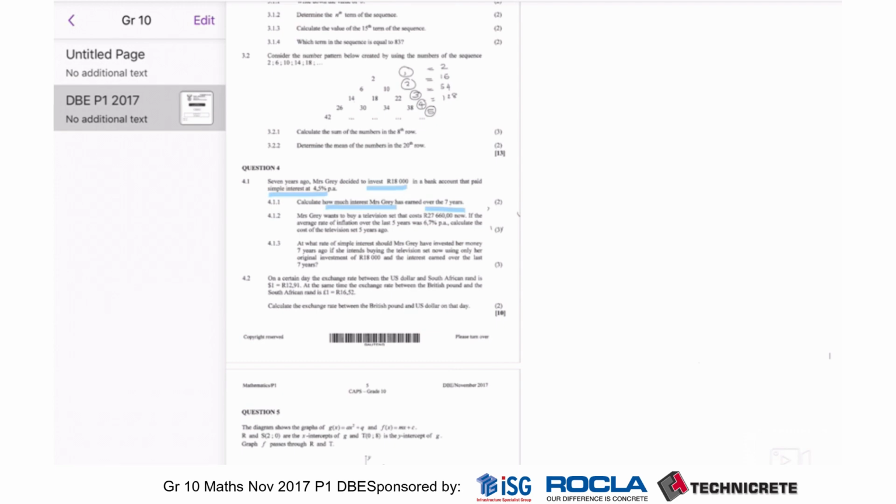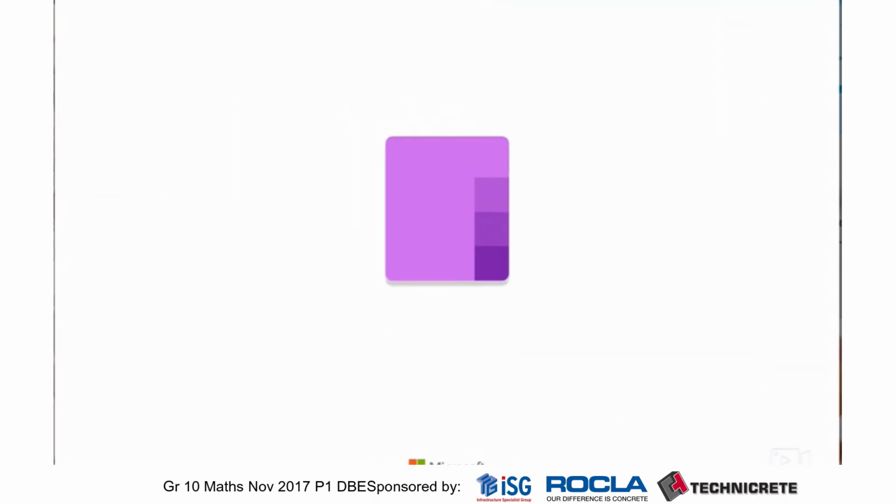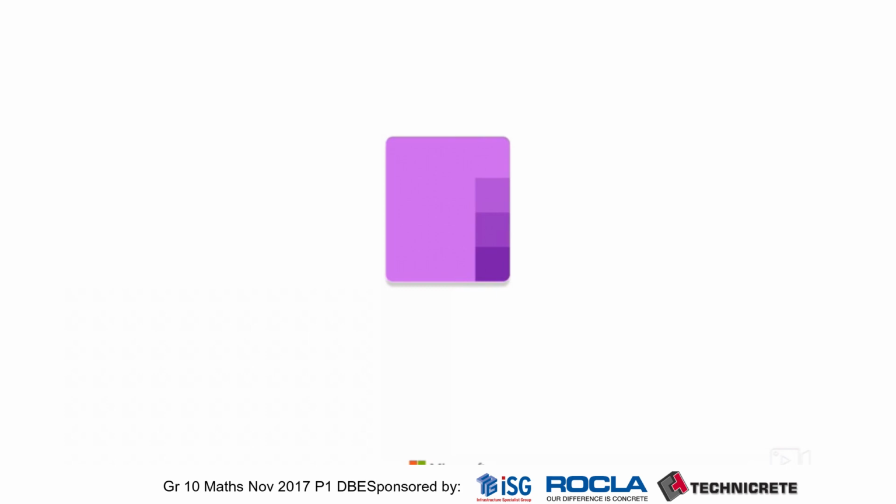I think the easiest way to do this is to use your simple interest formula. Okay, so the simple interest formula you should know is A is equal to P(1 plus in). They do give you the formula.